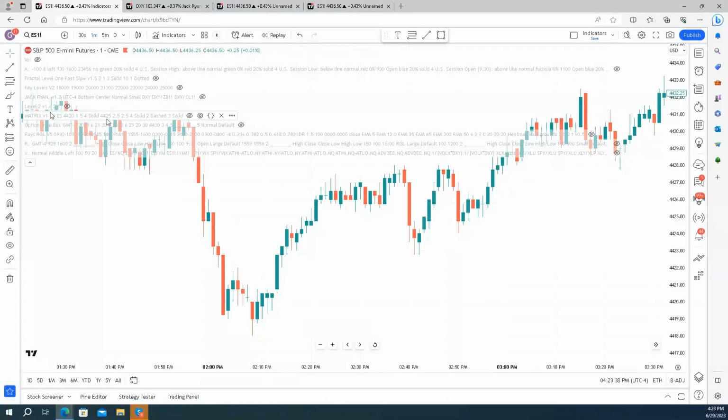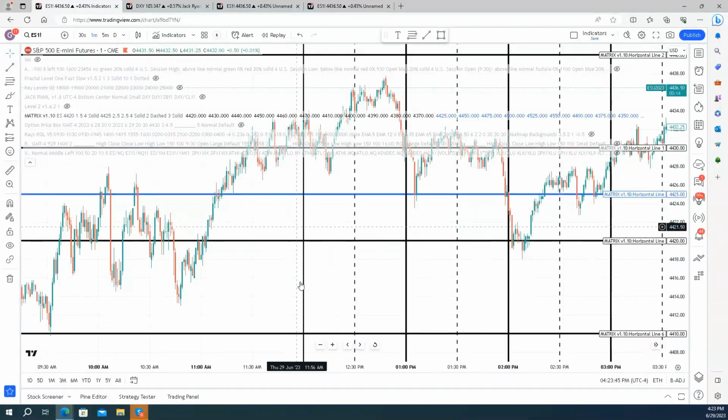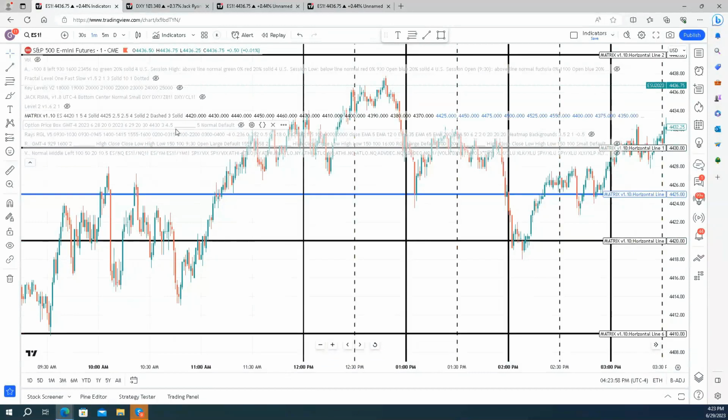So then Ray did a lot of teaching on his matrix. The issue I was having with the matrix, again, was that I had lines all over the place and I did want to hide them at times. And if I wanted to remove them, it would be very difficult to quickly start redrawing them. So if you want to put the matrix on, I can hide it or I can bring it back very quickly and see.